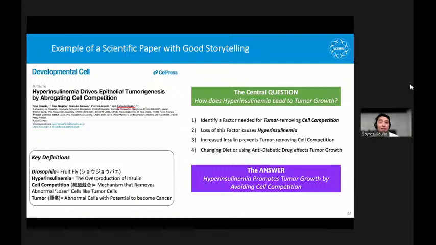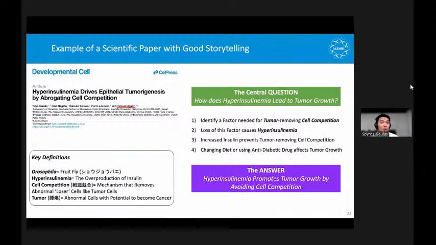Lastly, they find changing the diet of flies as well as giving human anti-diabetic drugs can alter the growth of these tumors. Hence, together, this data was able to show that hyperinsulinemia promotes tumor growth by avoiding cell competition.